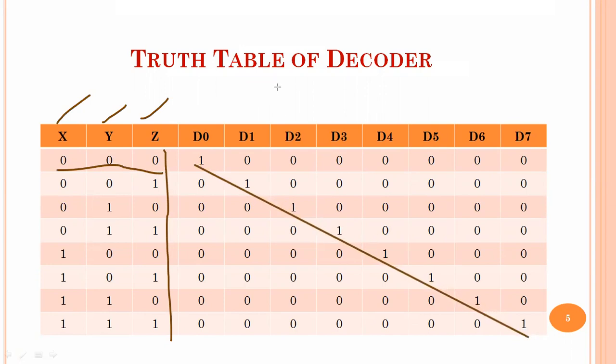Just write down D0 to D7, and write 1 diagonally, and all the rest of the places are 0. That means out of D0 to D7 only this line is currently active, and the rest are inactive. Okay. Clear?